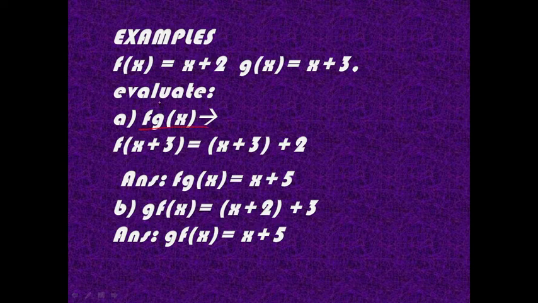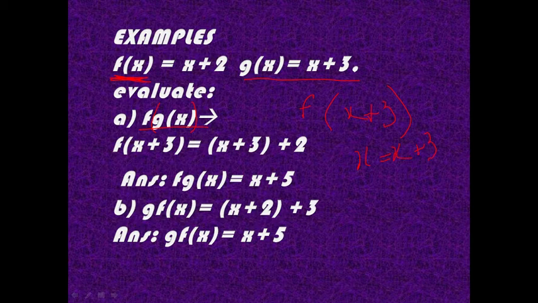Now what you will be doing is put a bracket right here, and first solve for g of x. What is g of x? x plus 3. So in f of x, your x would be equal to x plus 3.